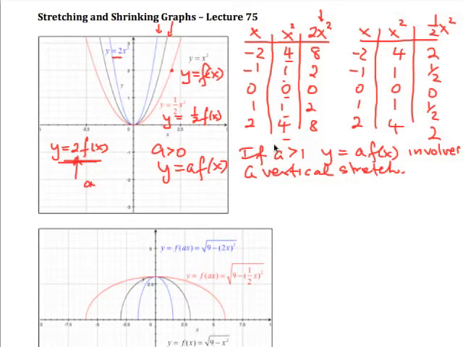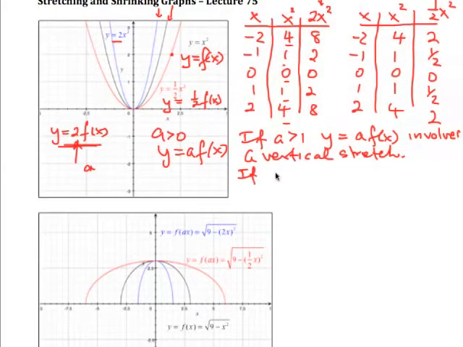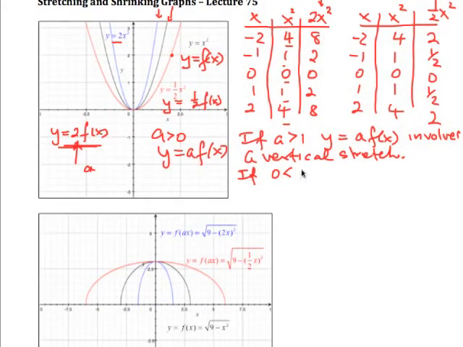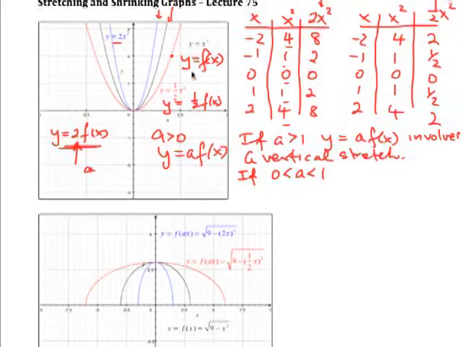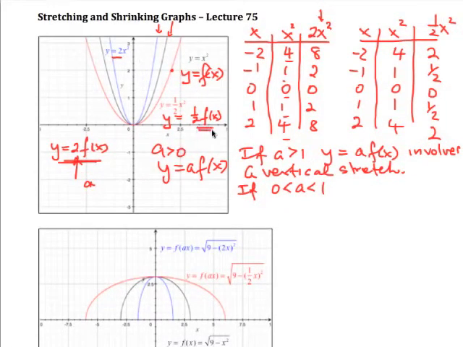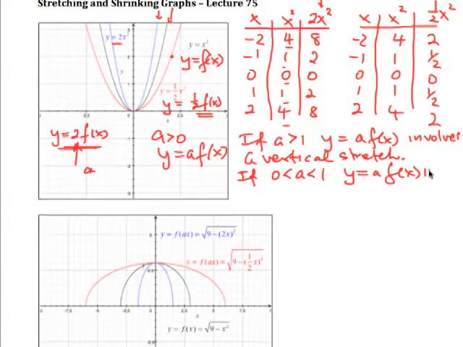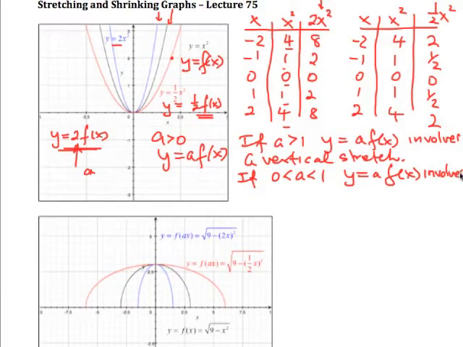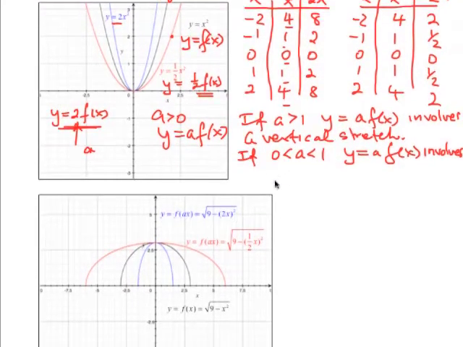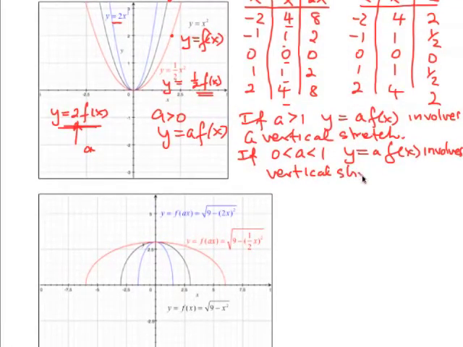All right, now in this case, if we look at if a now is between 0 and 1, so in other words we had this particular case here, we had a was a half, which is between 0 and 1, so it's still positive, remember. And so in this case here, y equals a of f of x involves a vertical shrinking.